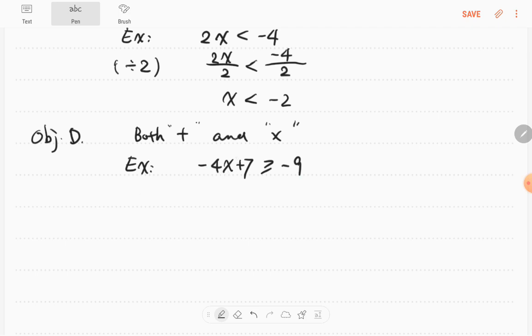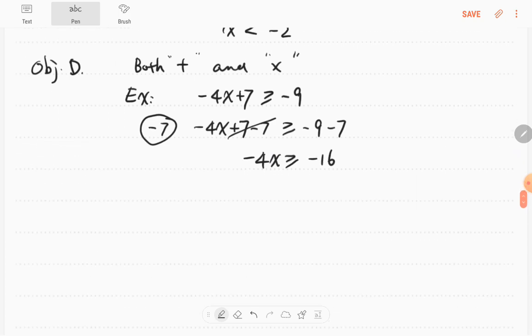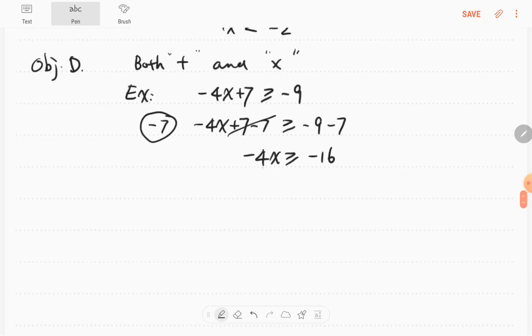So we use the addition rule. Both sides we minus 7. So for the addition rule, we never change the direction, right? So we will have negative 4x greater than. But next step, we're going to divide by the coefficient of x, which is negative 4.